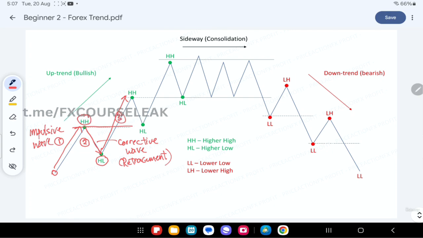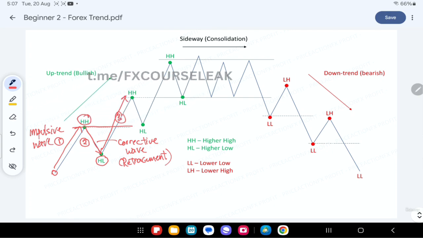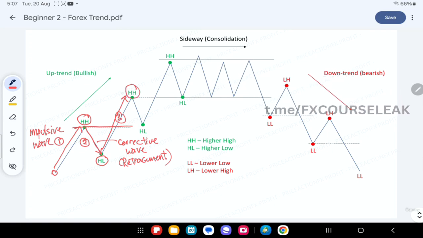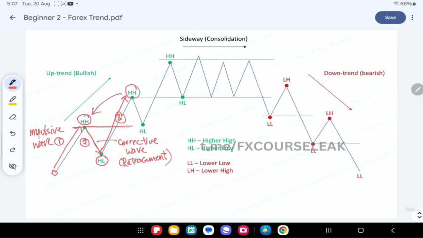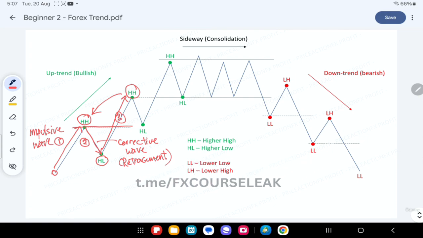So the third impulsive wave must be forming another new higher price over here, higher than the previous. Then this is what we call a three wave bullish wave.